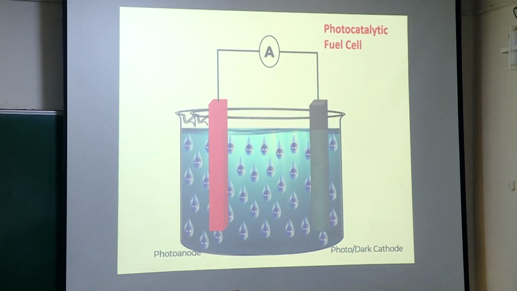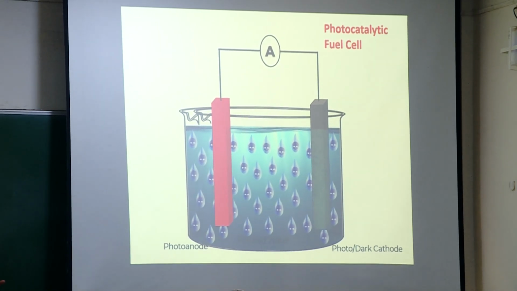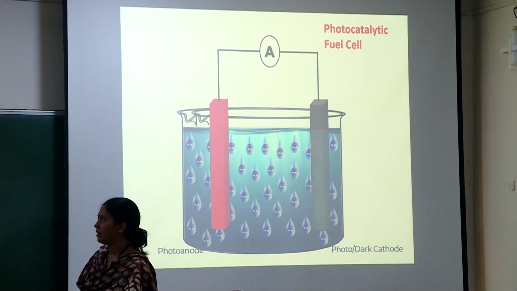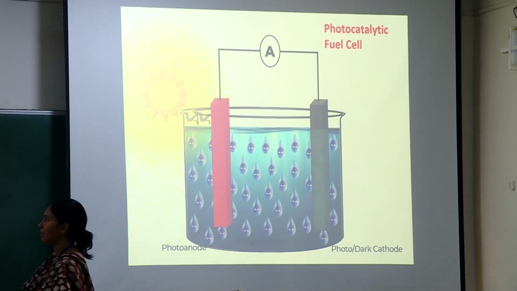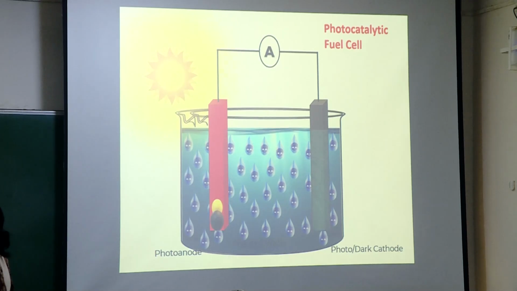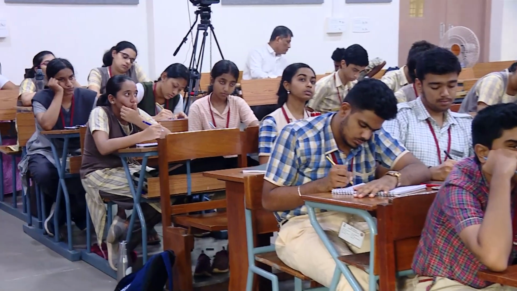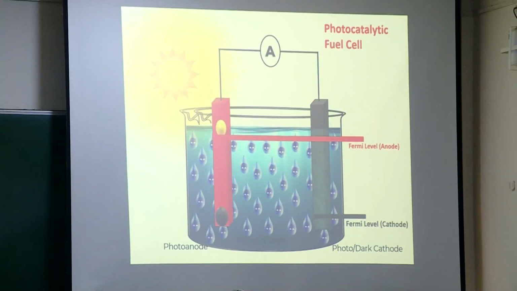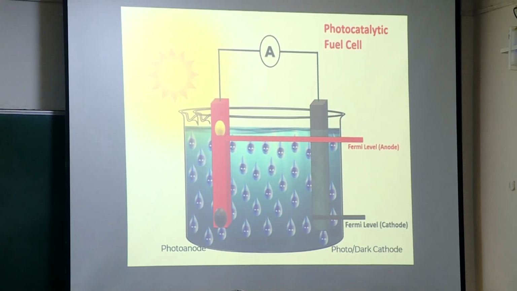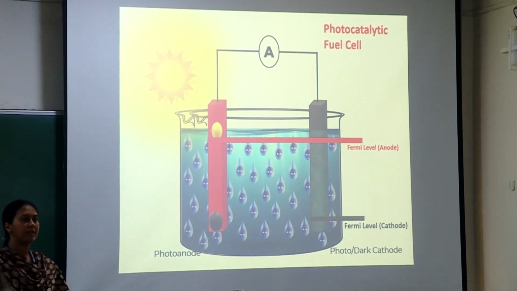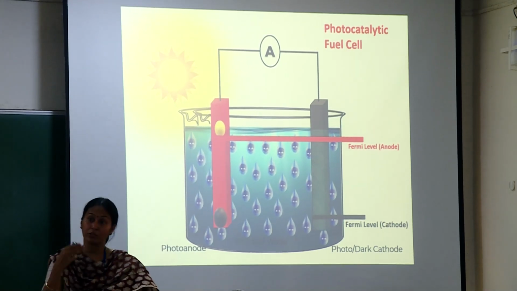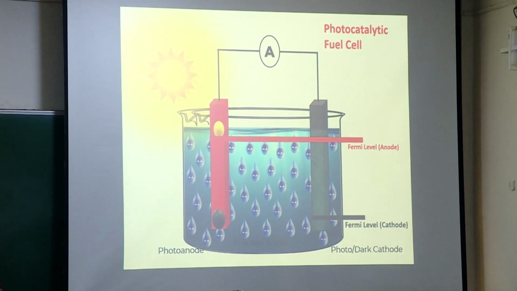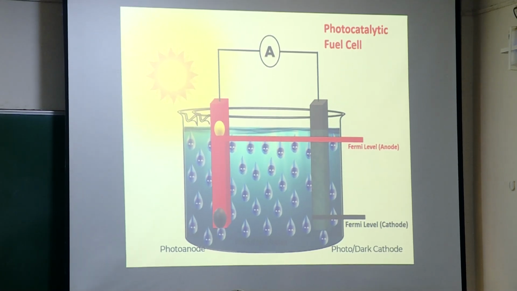TiO2, as I said, is a photocatalytic material and it was coated on some sort of conducting substrate. When light is incident, electrons and holes are created, and these electrons flow through the external circuit. It is different from other photoelectrochemical cells because here we are not providing any external bias to this system.